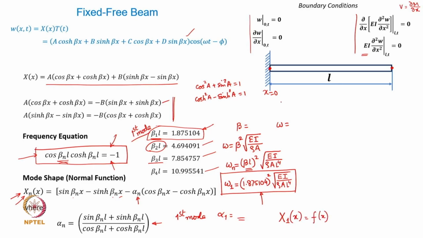And then you can plot all the values of capital X for each value of x that you choose to, and then plot the entire mode shape. So that is how one can find out the mode shapes of a fixed free beam, and those will look like these.